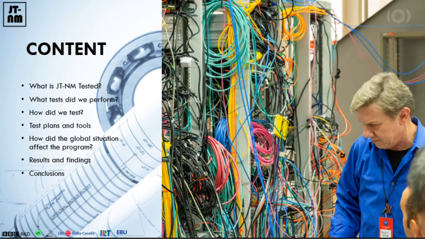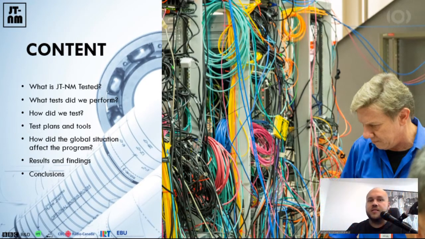We're going to talk a little bit about what exactly the JTNM tested is, what have we been testing, how is it different from what we've been testing before, how did we do that, the test planning tools, and obviously we cannot miss the global situation. We have to answer the question, how did we react to the pandemic, and what are the actual results that we were able to produce no matter what the situation is.